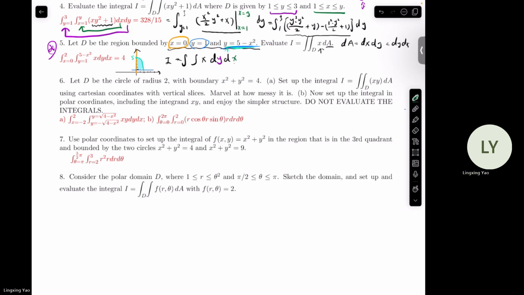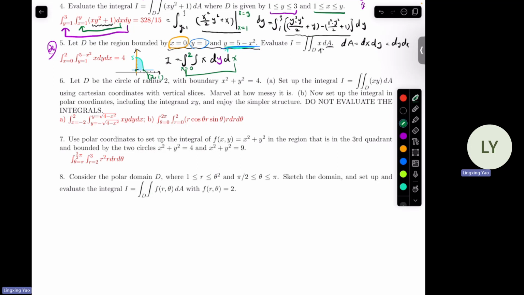So here, what are the limits for x and y accordingly? For x, because this point is (2, 1), x is going to start at 0 and stop at 2.